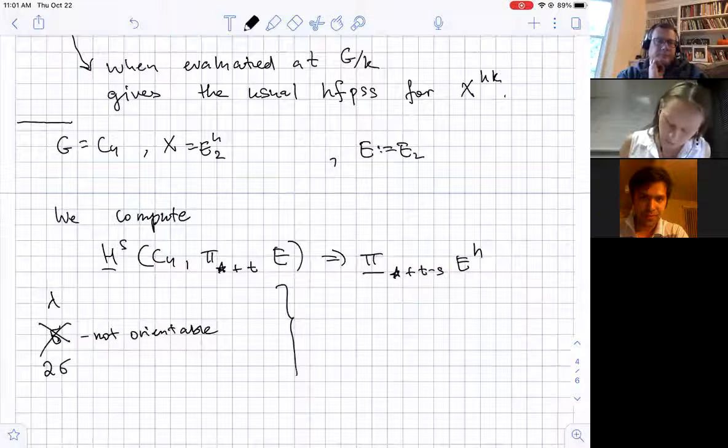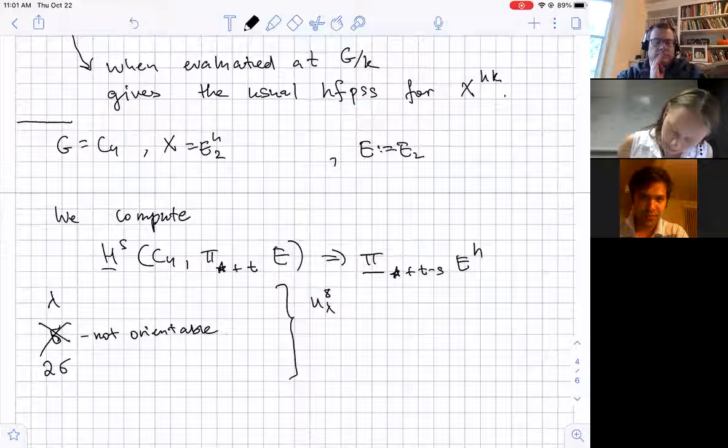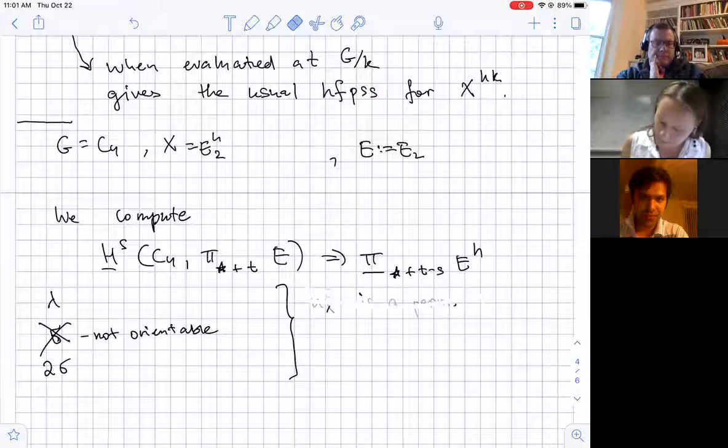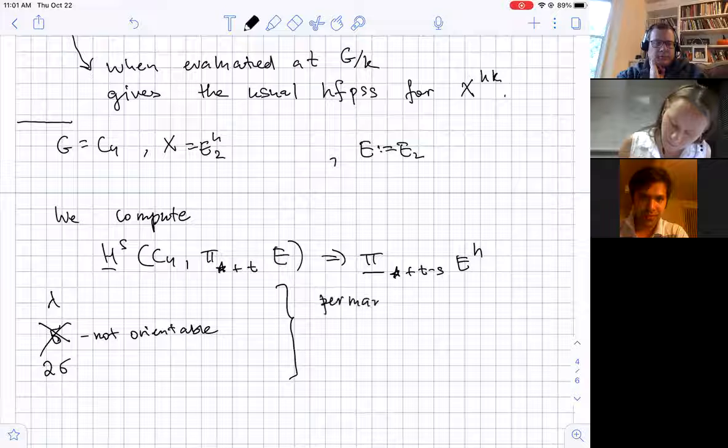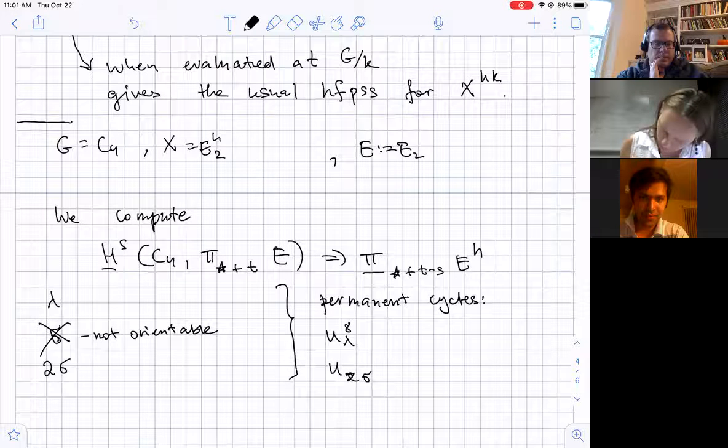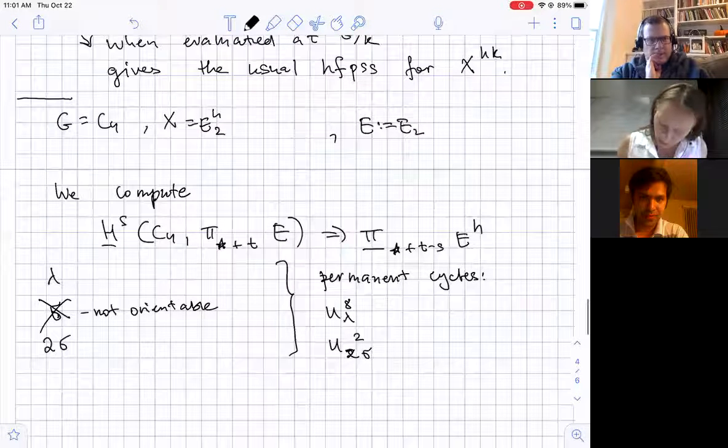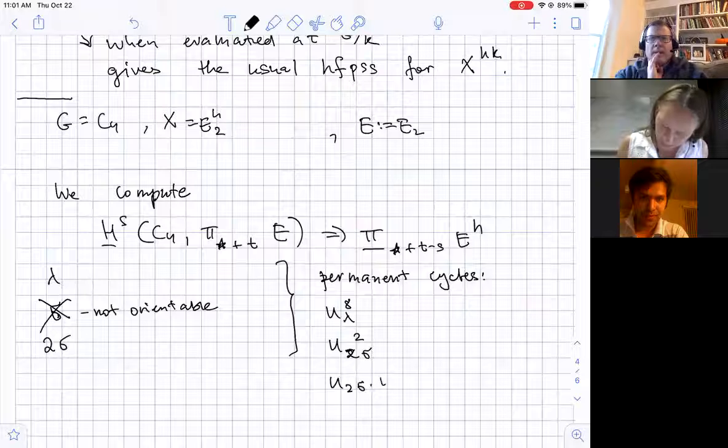So we look at the corresponding u's, and we get that u lambda to the 8 is a permanent cycle, and also u2 sigma squared and u2 sigma times u lambda to the 4.